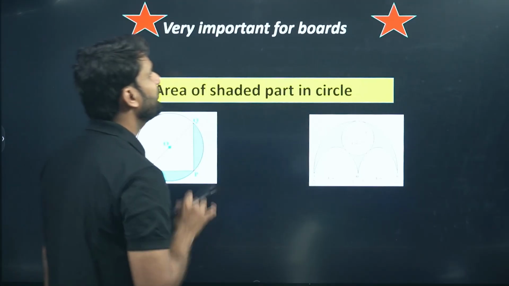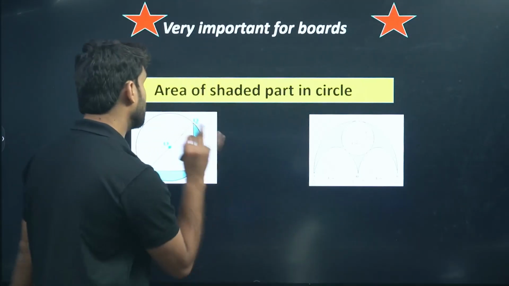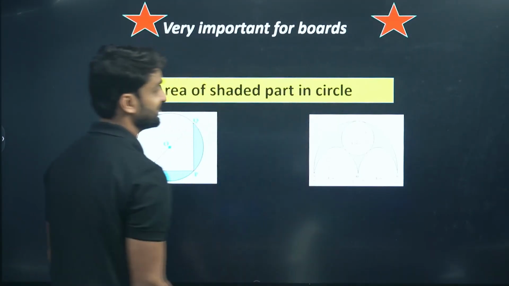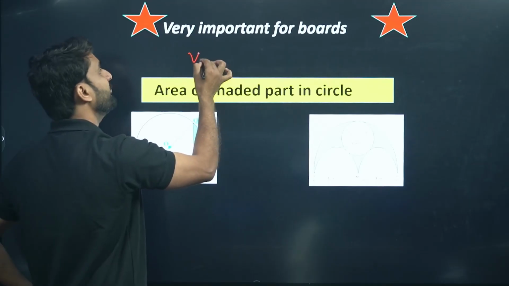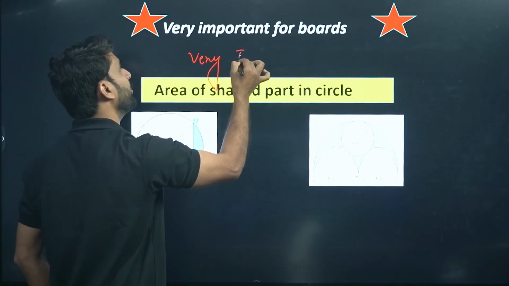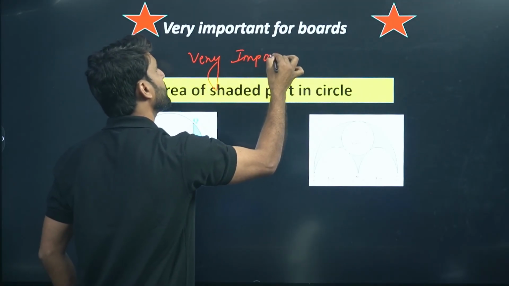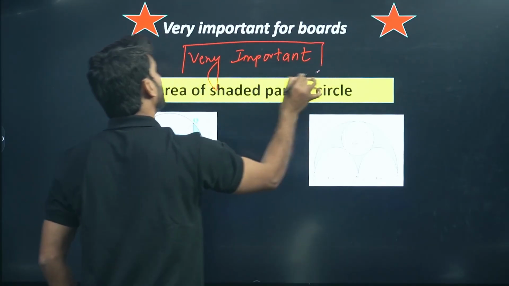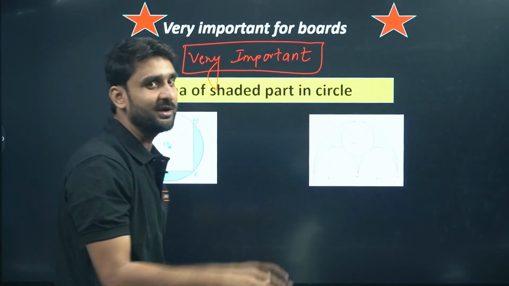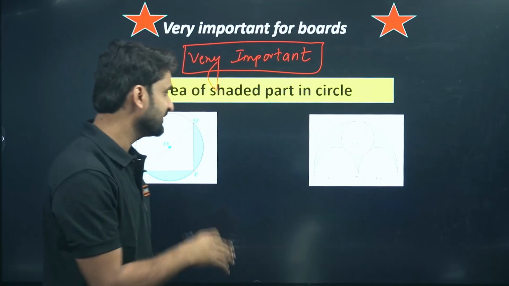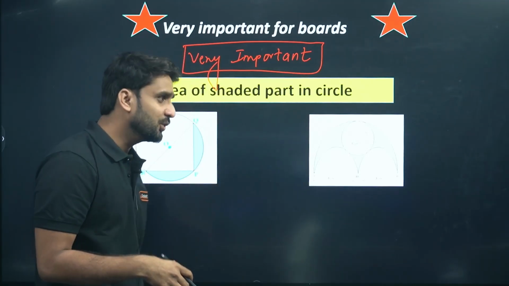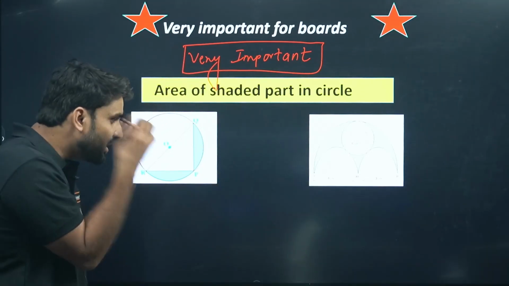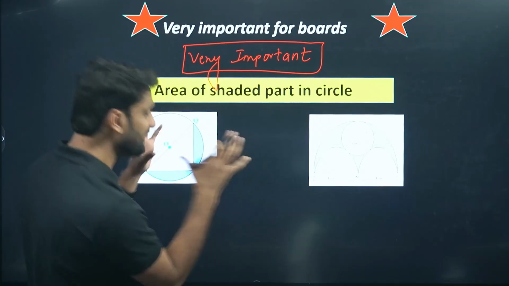Very important for boards. Now the last part, the area of a shaded part in a circle. Very important. Students feel very fearful and worried about this part, I think, because these questions require your creative thinking, how you are tackling, how you are observing the diagram.